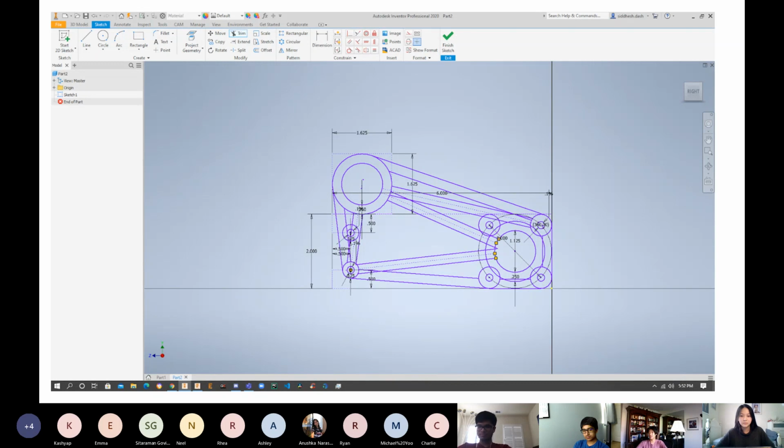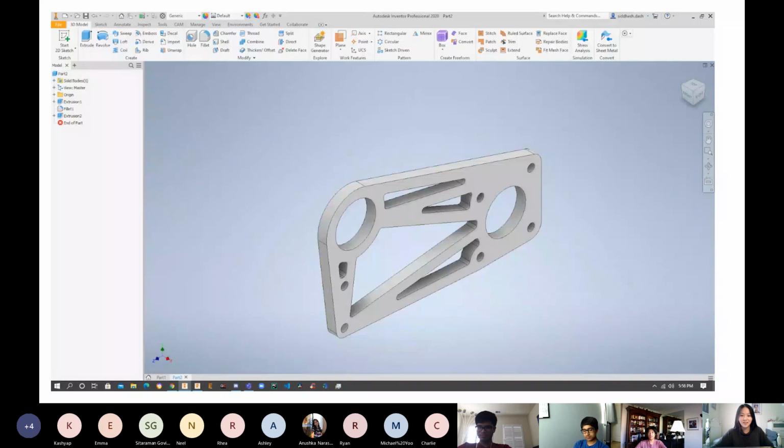It's hard to explain, but we can explain it later. It basically ends up looking like that. So it just reduces weight. Yep.